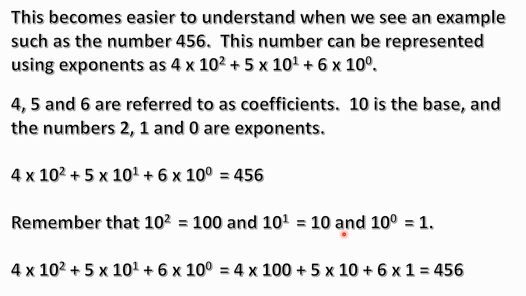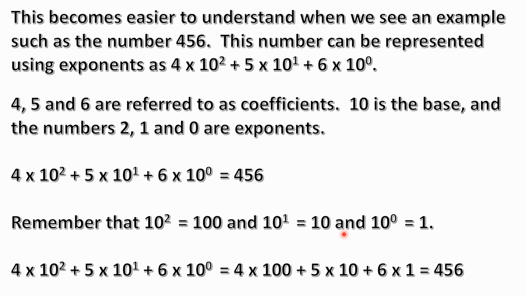If you're familiar with exponents, just remember that 10 squared, or 10 to the second power, is equal to 100. 10 squared is the same as 10 times 10. 10 to the first power is simply equal to 10. 10 to the 0 power is equal to 1, and any number to the 0 power is equal to 1.